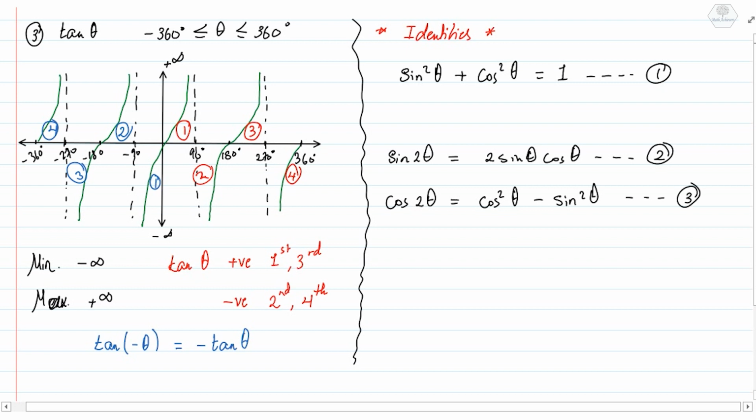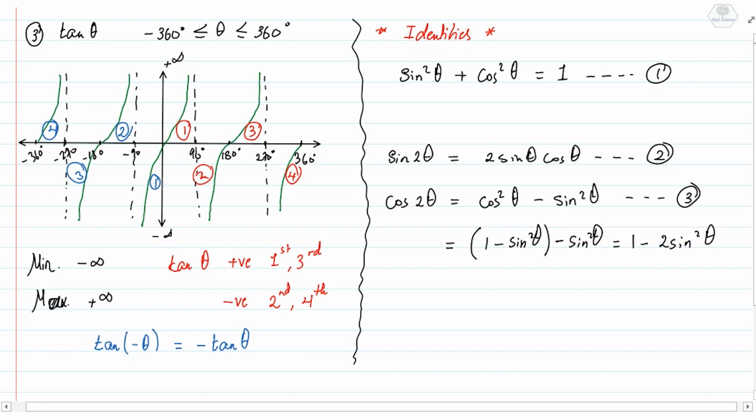Because cosine squared theta is equal to 1 minus sine squared theta. So we can write it like this. It's 1 minus sine squared theta minus the sine squared theta. So this is equal to 1 minus 2 sine squared theta.